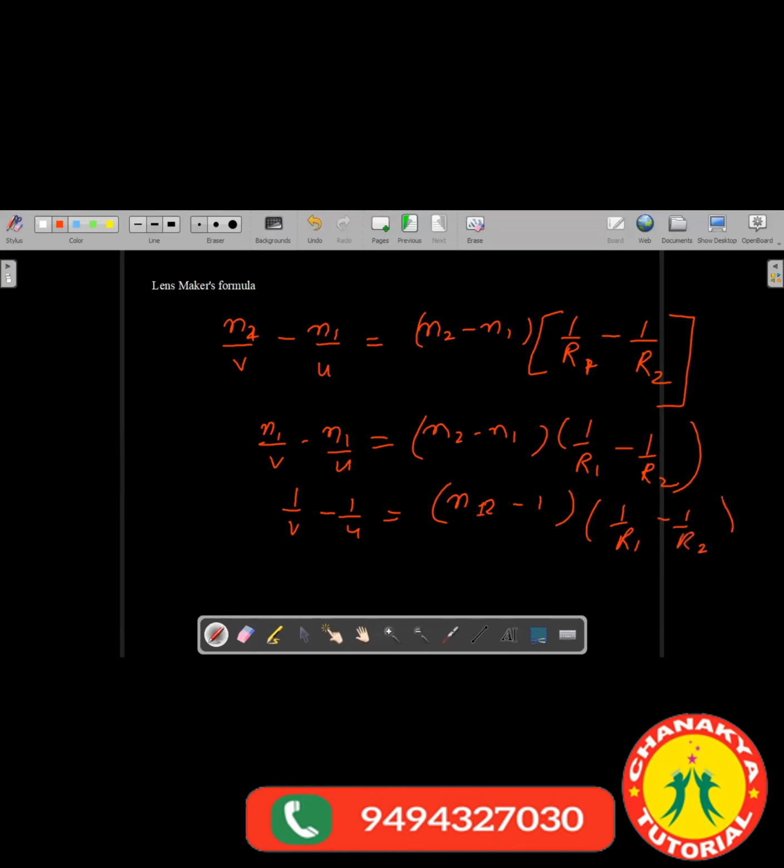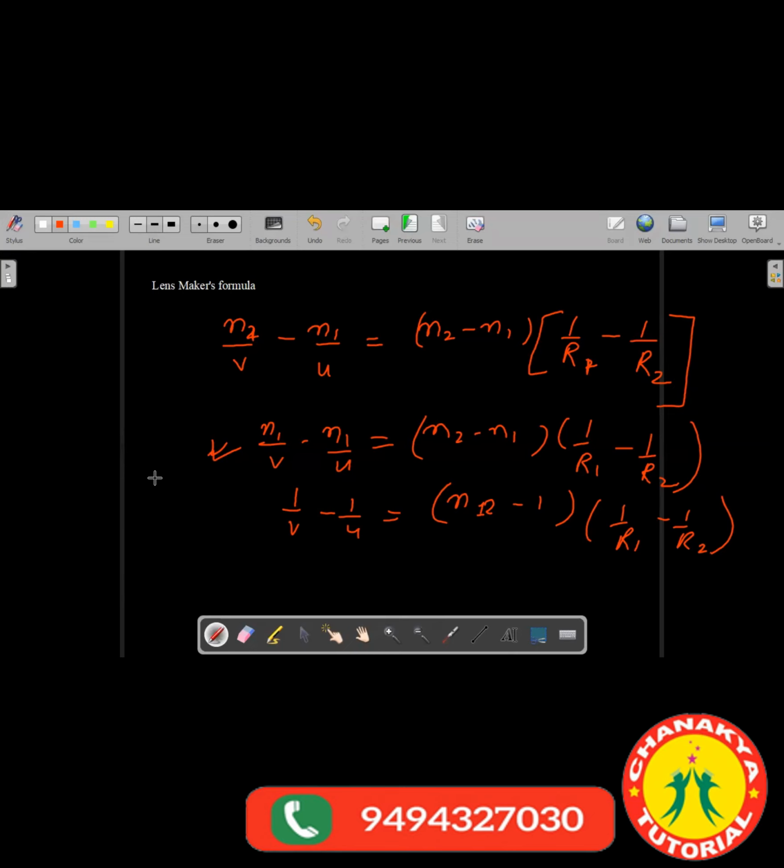So this is the formula you can remember, but I think this one is the best way to remember it, because sometimes you are given that the lens is dipped in water. In that case, instead of N1 you need to put the refractive index of water, and instead of N2 you need to put the refractive index of the lens.